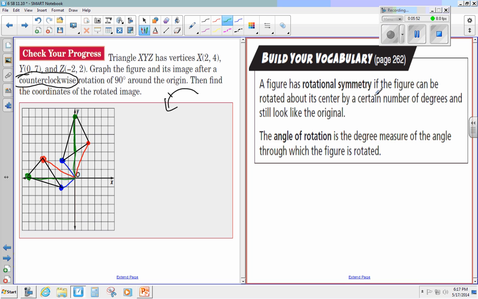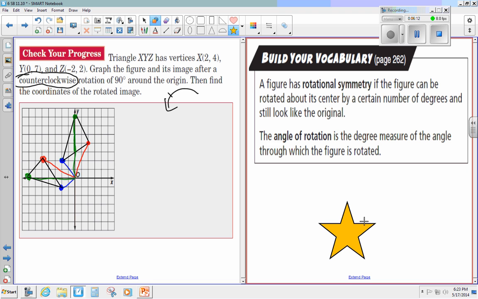All right, a figure has rotational symmetry if the figure can be rotated about its center by a certain number of degrees and still look like the original. So this rotational symmetry can work with a lot of things. Let's see if I got some shapes here that have it.